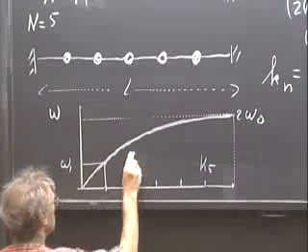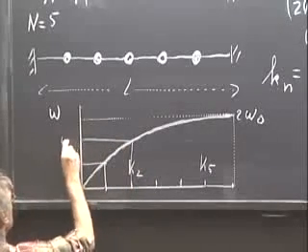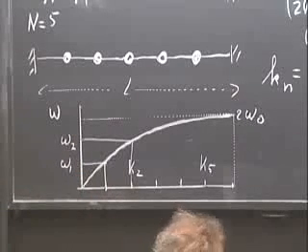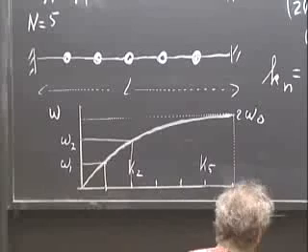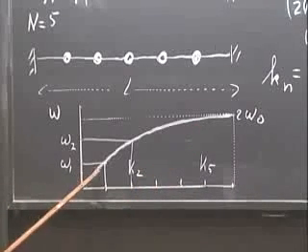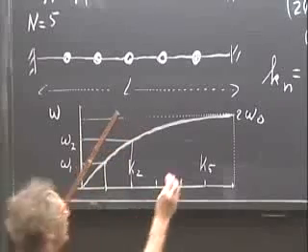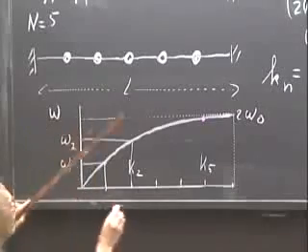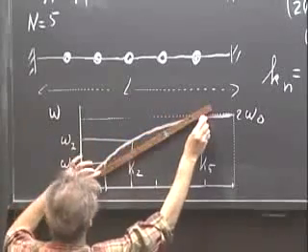For k2, this is omega 2, and so on. So you can immediately see that the speed of propagation in the fifth mode is lower than the speed of propagation at the lower modes, because this point here, which is k5 connected with omega 5, I can connect that with the origin.